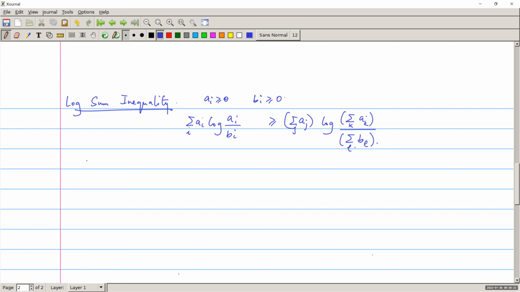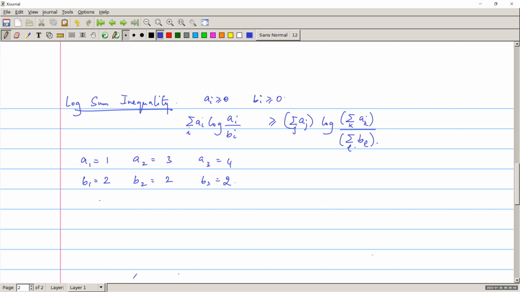So, for example, let's say a1 equals 1, a2 equals 3, a3 equals 4, b1 equals 2, b2 equals 2, and b3 equals some number.